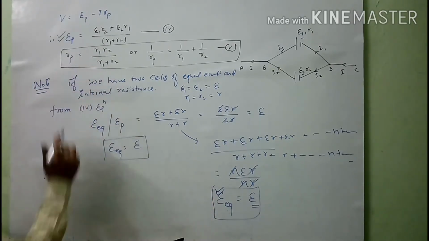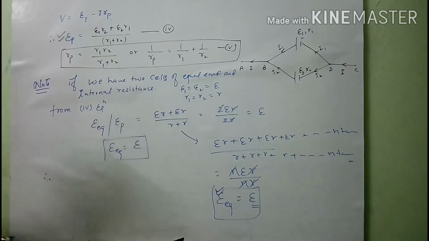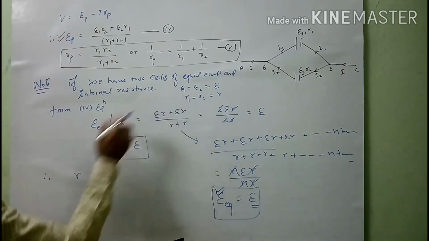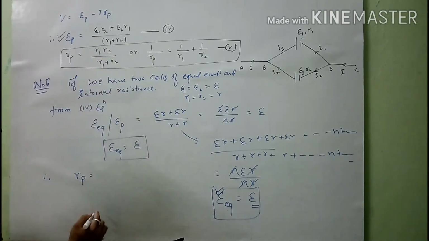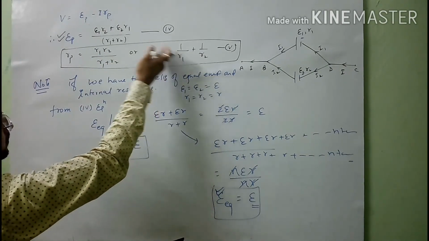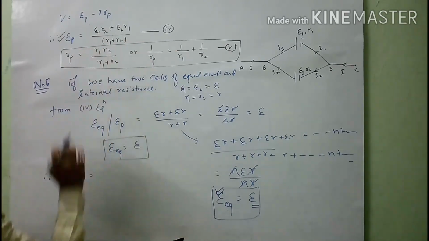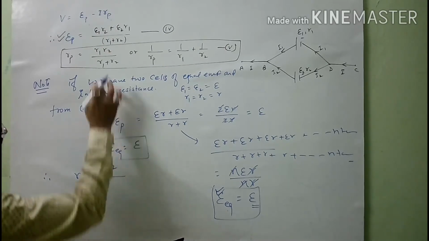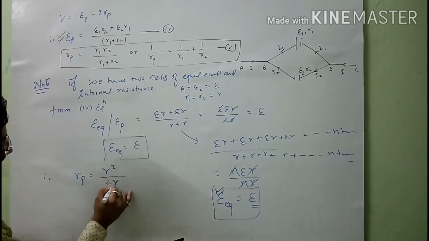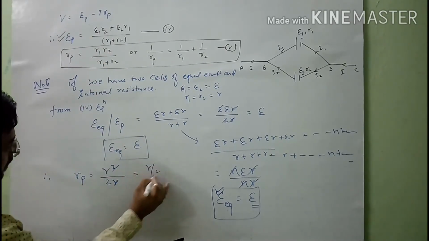So here in this condition when we talk about the two resistances in this format, I will write Rp is equal to R1 R2 over R1 plus R2, or you can use this formula here also. So R1 R2 means R square, and R1 plus R2 is 2R, I will cancel out this R by 2.